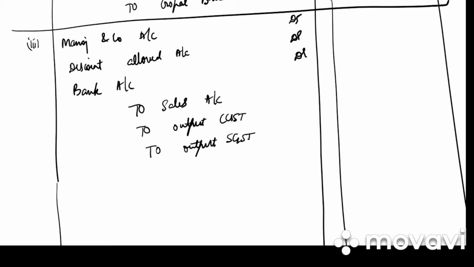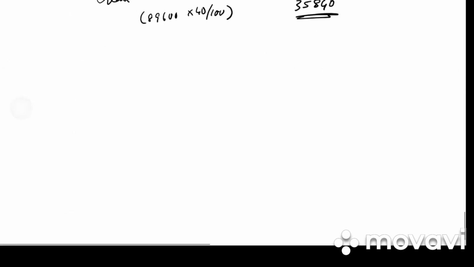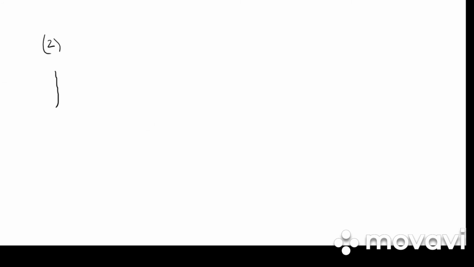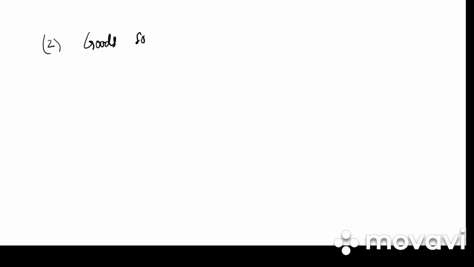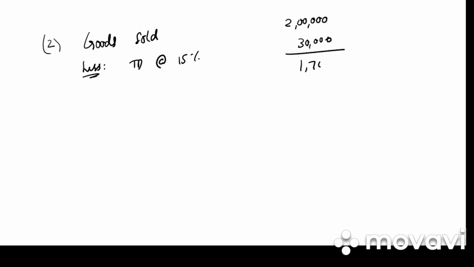It was 2 lakh. 2 lakh minus 15%. So again write down working note number 2. Goods sold 2 lakh less trade discount at 15%, 30,000, 1,70,000.